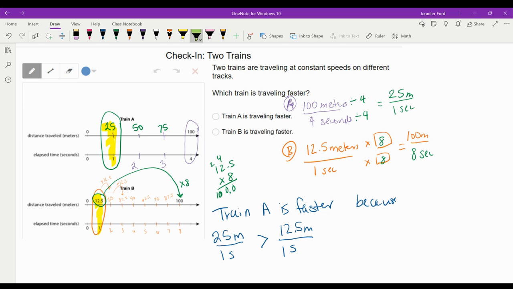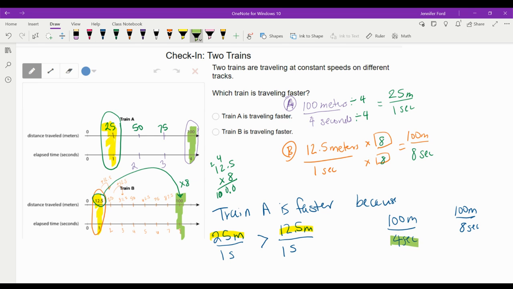You could also look at how long it took them to go 100 meters. So in this first one, we're looking at more distance in the same amount of time. In the second one, we're looking at 100 meters in 4 seconds compared to 100 meters in 8 seconds.